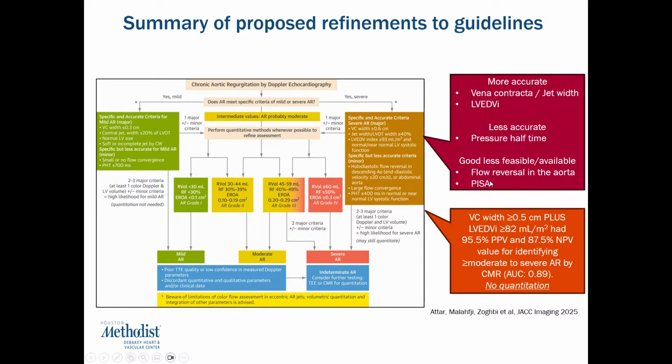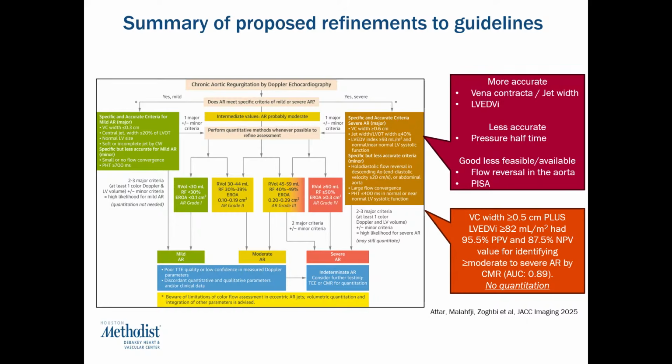And then flow reversal in the aorta, the challenge is that it has confounding factors: aortic compliance, ventricular diastolic pressure, and ventricular stiffness, and then your ability to actually capture it, particularly with PISA. Like I mentioned, even in the highest volume centers of PISA advocacy, their rate is 60 to 70%.